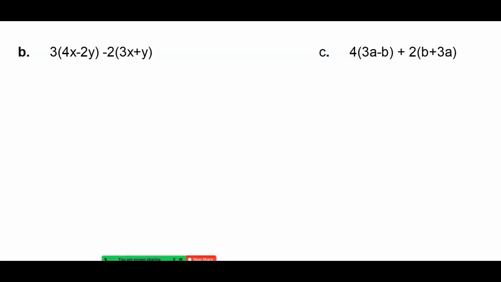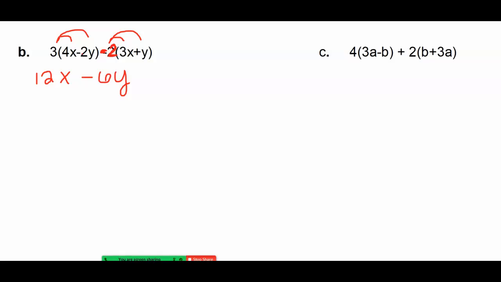In example B, distribute. 3 times 4 is 12x. 3 times 2 is negative 6y, because it was negative inside the parentheses. This negative travels with the 2 when you distribute it.